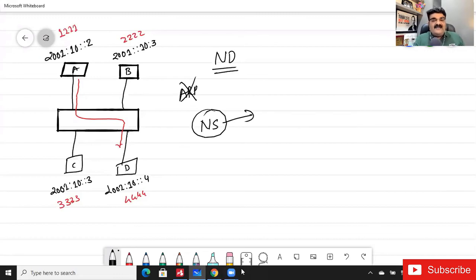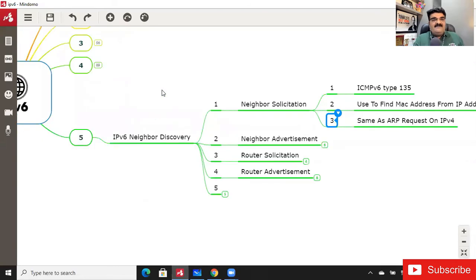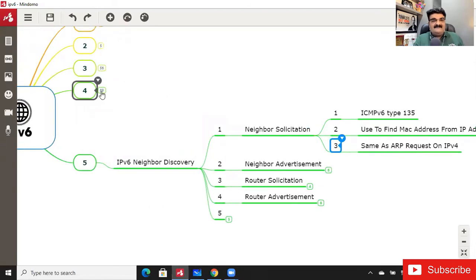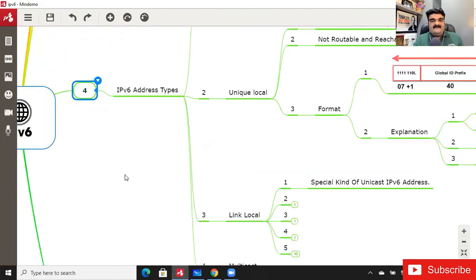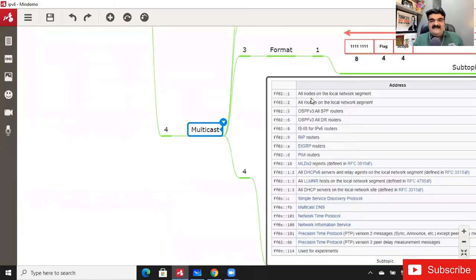It will use a multicast address. Remember this, open this. We have this multicast address, FF02::1, all nodes on the local network segment, right?